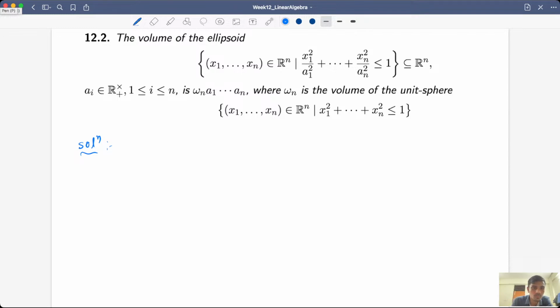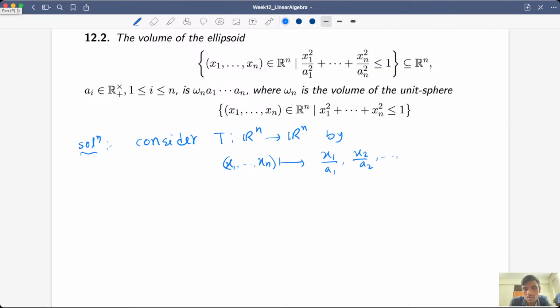Okay, so consider T from Rn to Rn, which takes x1 through xn and sends it to x1 by a1, x2 by a2, xn by an.